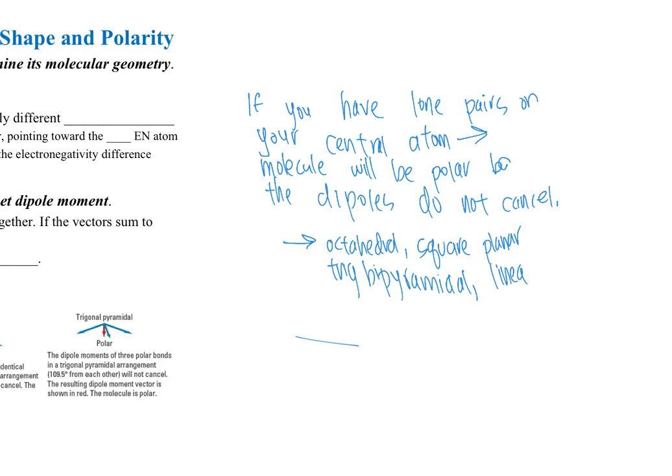In those cases, they have lone pairs on them, but their overall molecular geometries end up being symmetric, such that their dipoles will cancel out if the terminal atoms are the same. So these will be nonpolar if the terminal atoms are the same element.